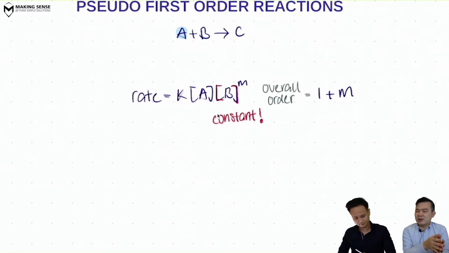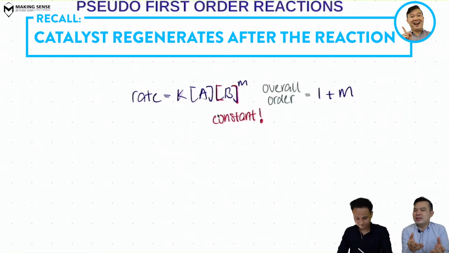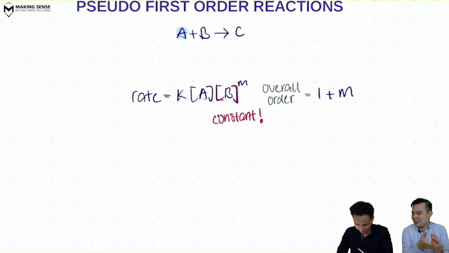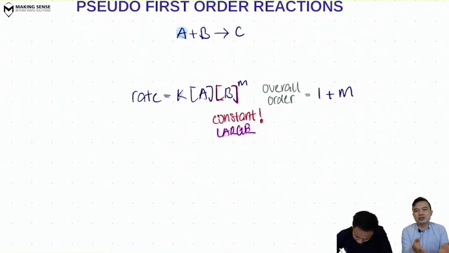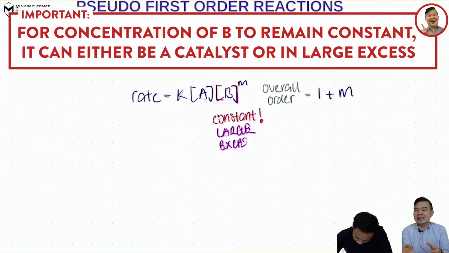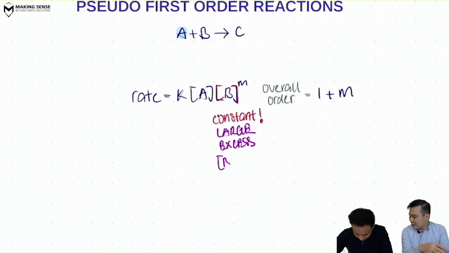I hope there was a catalyst because catalysts are usually regenerated at the end of the reaction, which means the concentration is usually held constant throughout the entire reaction. But sadly, it's not, right? No. So maybe if it's a reactant, hopefully the reactant is in large excess. That is good because even though the reaction has progressed, the concentration of B remains relatively constant. So I hope that fulfills your criteria.